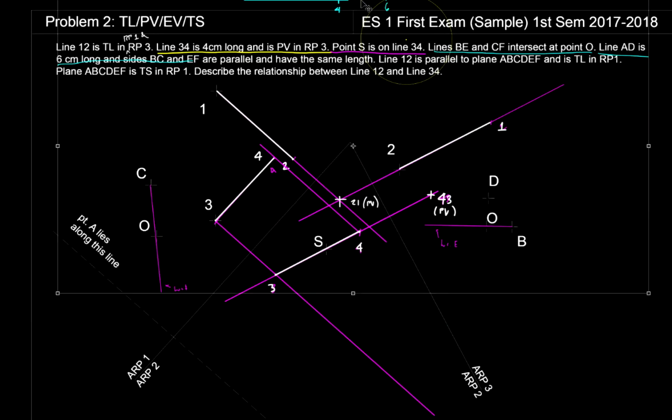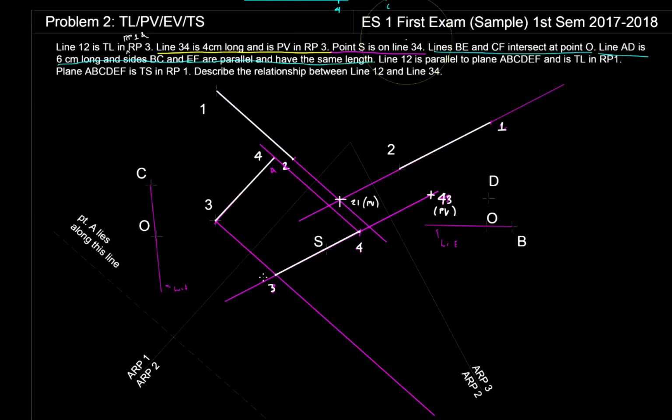Okay, so meron akong 6 if in case gagamitin ko yung 6 na yan, no? Okay, so 6 centimeters long and sides BC and EF are parallel and all have the same length.